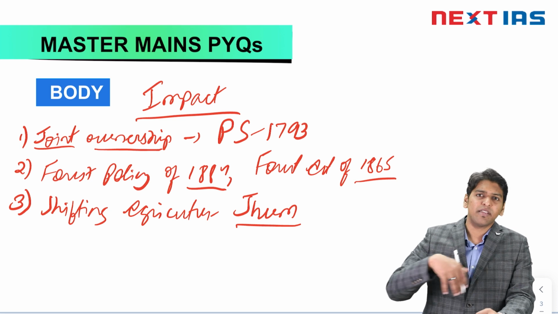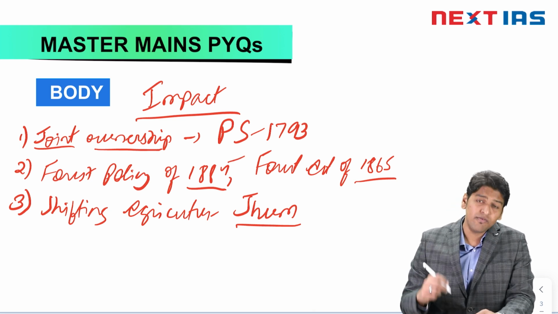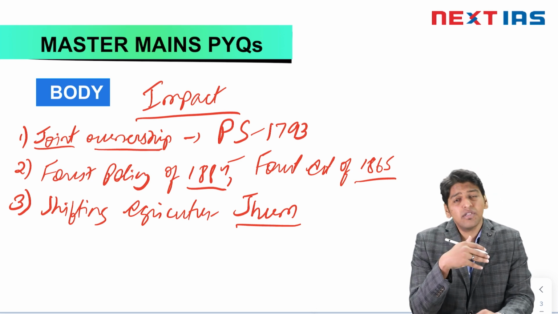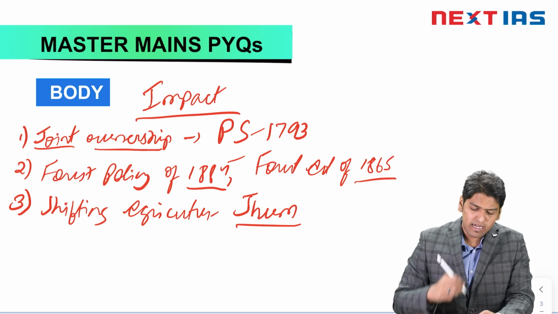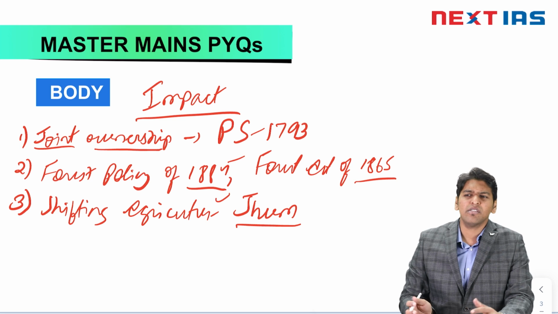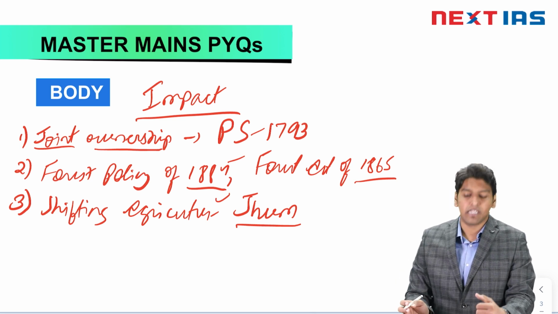This is the system they have been following for centuries. But now, because of the forest policy, which was carving out territories for the British's exclusive use, the tribals could not practice shifting agriculture. So it was a big impact for them, because how would they sustain if they cannot grow their own food grains?